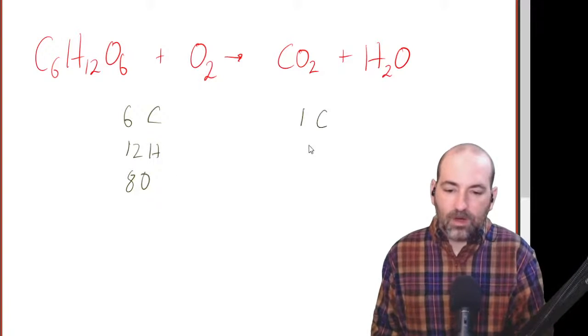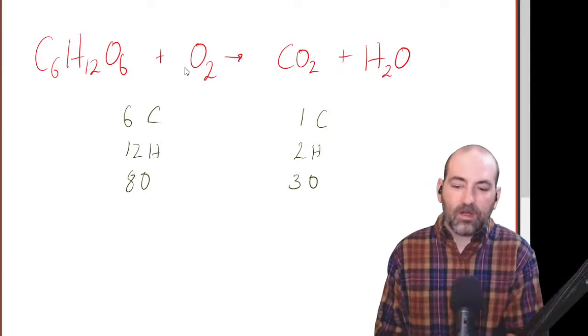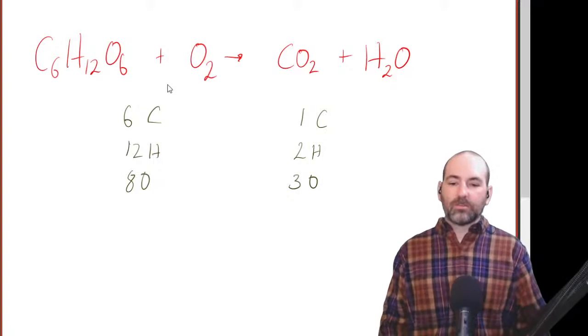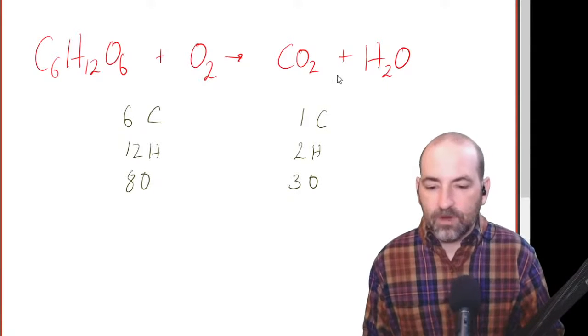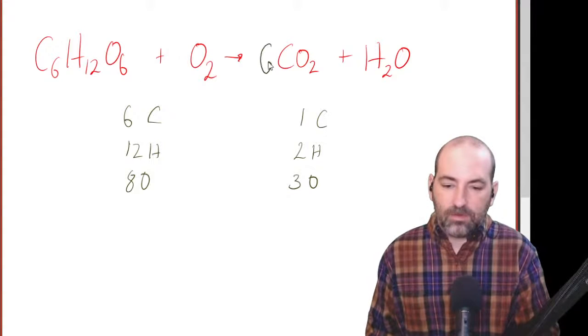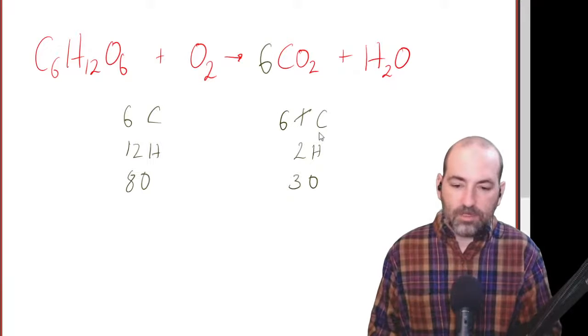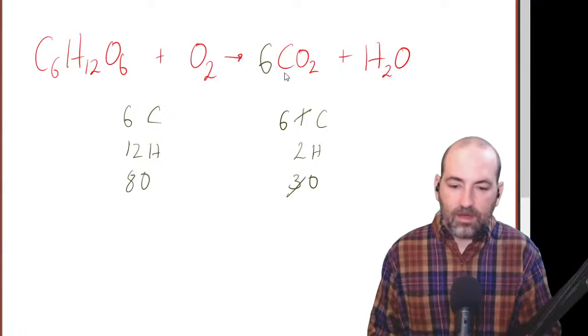This side has 1 carbon, 2 hydrogens, and 3 oxygens. So we have to add coefficients to the front here to multiply those, so there's enough of each so that they're balanced on both sides. So 6 on the left, 1 on the right, so we're going to put a 6 here, and that changes this to 6 carbons on the right, then 13 oxygens.